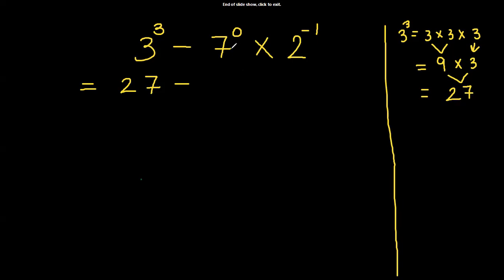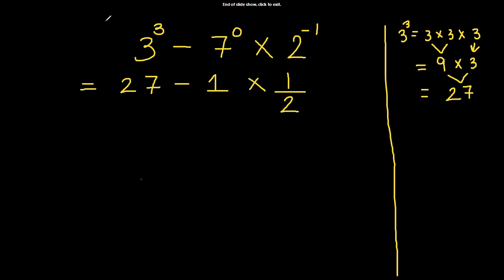Minus 7 to the power of 0 is what? 1, very good. Multiplied by 2 to the power of -1, which is 1 over 2, a half. Next, 1 times 1 over 2 is what?